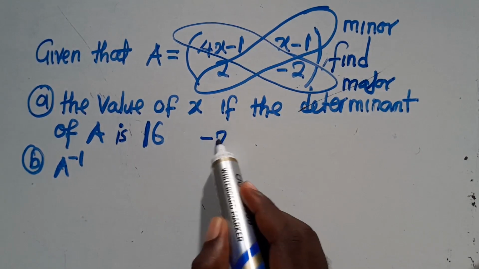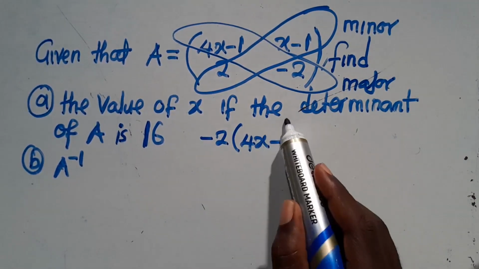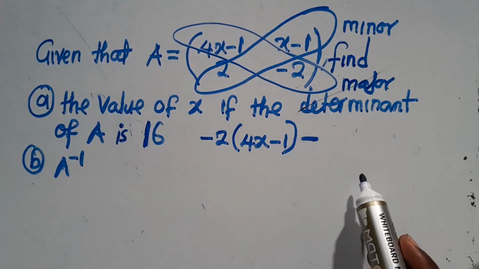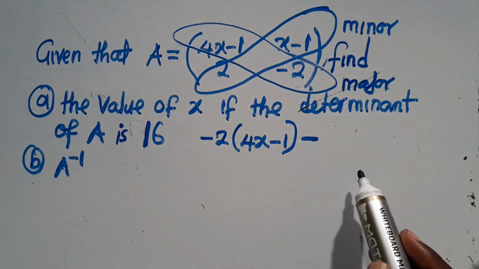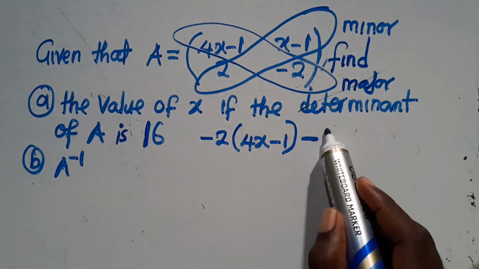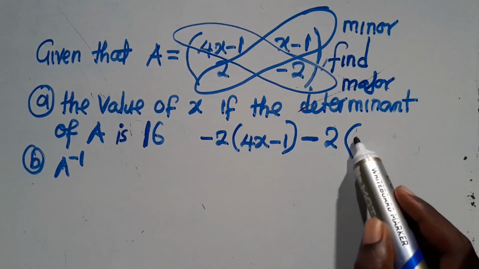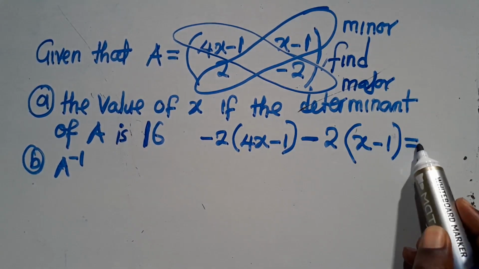I've got -2 multiplied by what? 4x minus 1. Then I say minus. Have you seen minus? Minus what? Minus in the minor diagonal. What am I having? I'm going to say 2, then open bracket, then I say x minus 1. Then equal to what? What is the determinant?